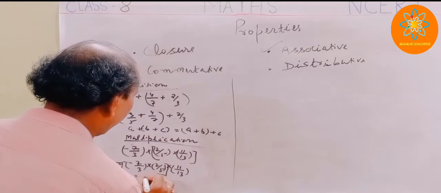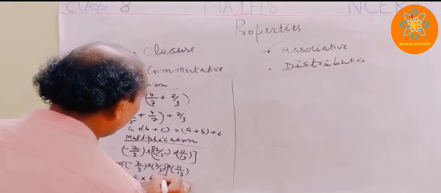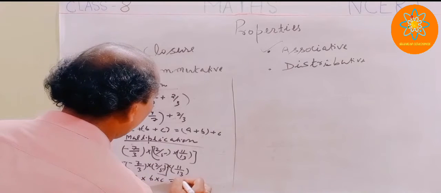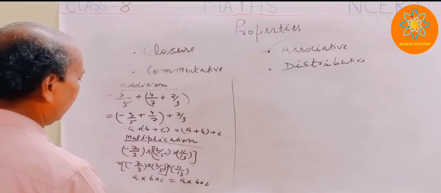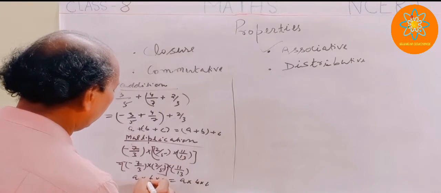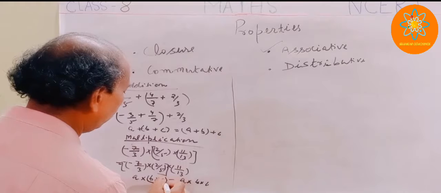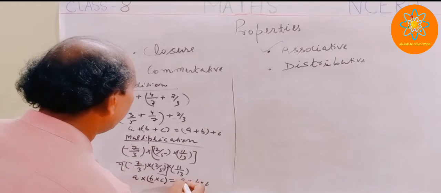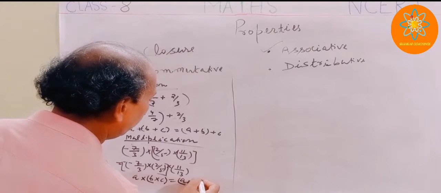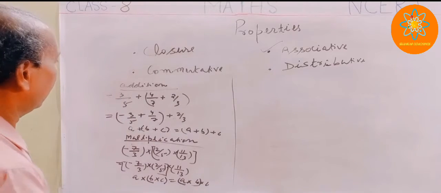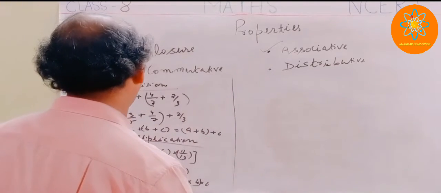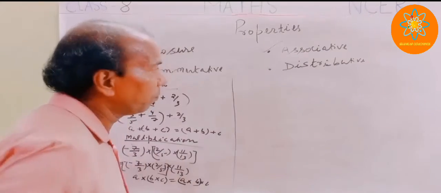That is, (A into B) into C is equal to A into (B into C). So the associative property is true for multiplication.